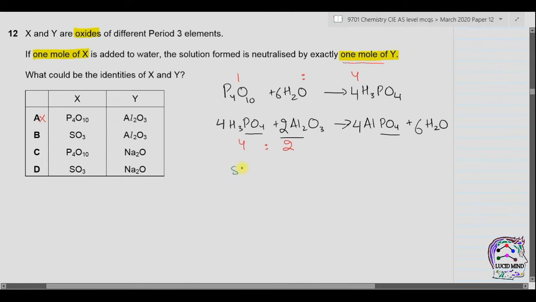SO3 reacts with water to form sulfuric acid, H2SO4. Now sulfuric acid reacts with aluminum oxide and it forms aluminum sulfate.